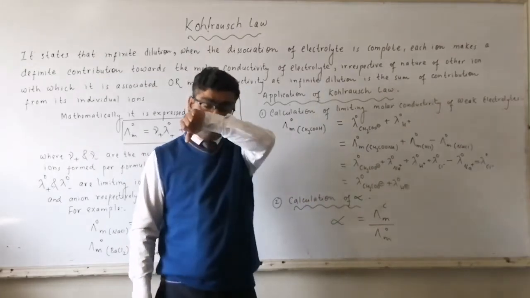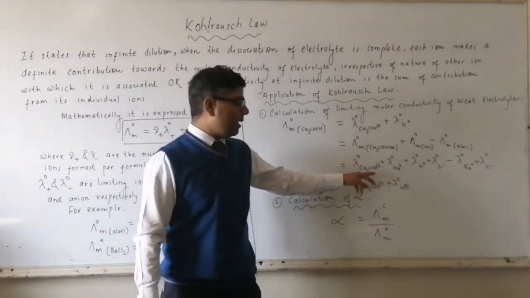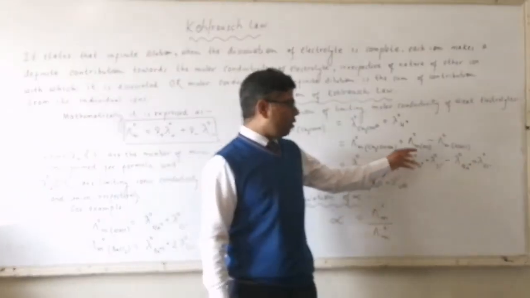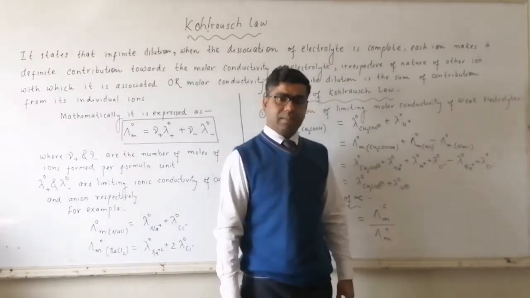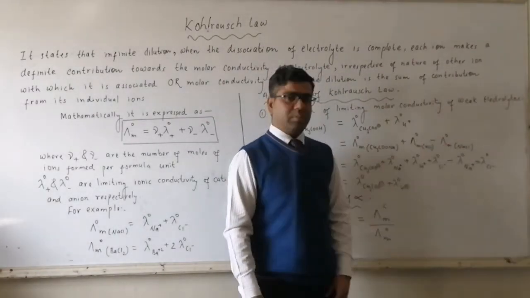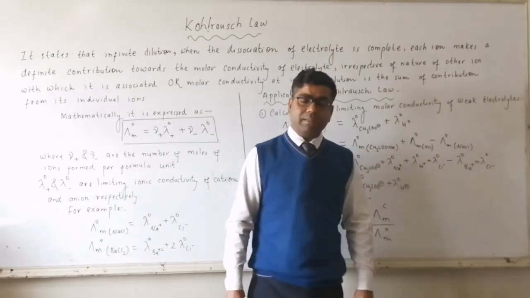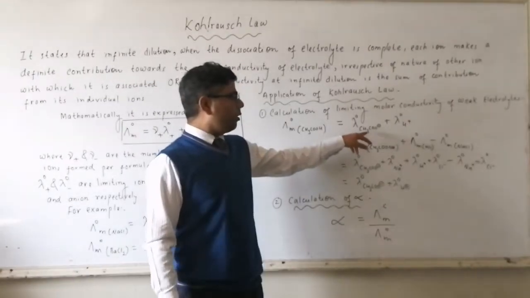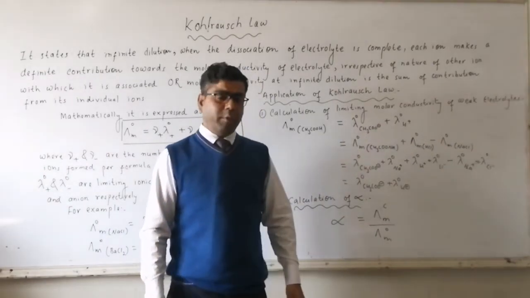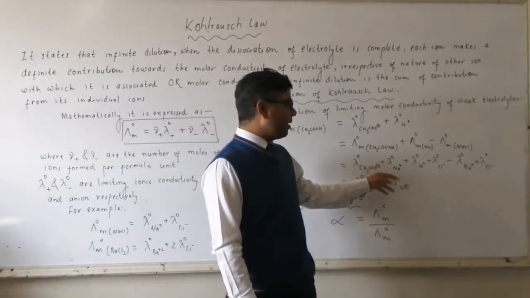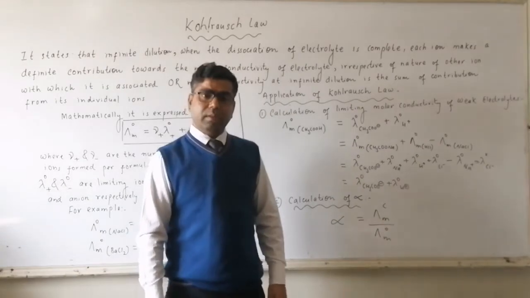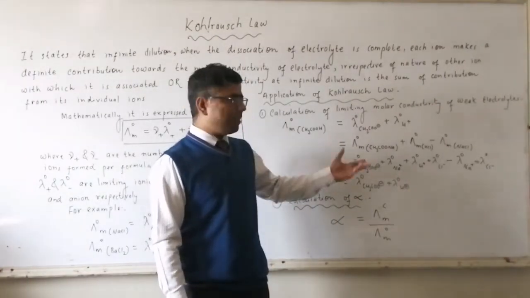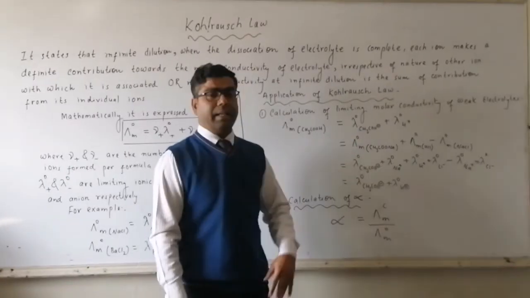Here the contribution is made by acetate and Na plus. Here the contribution is made by H plus and Cl minus, and here the contribution is made by Na plus and Cl minus. What we want is the contribution from acetate and H plus. We don't want the contribution from Na plus and Cl minus. That's why we have chosen sodium acetate, HCl and NaCl.